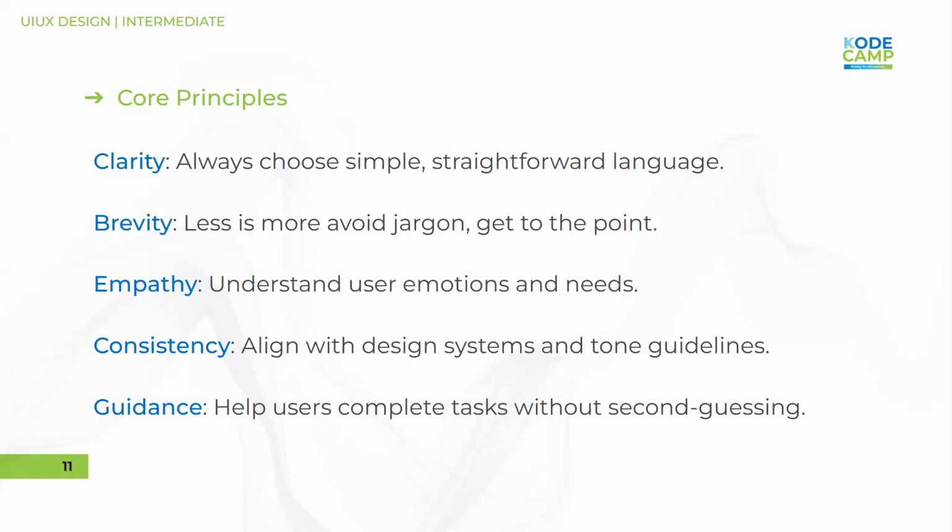Okay, get to the point. Empathy: understand user emotions and needs. When writing, think of a user while scrolling through. How is the user feeling? All right, there has to be consistency: align with design systems and tone guidance, all right? And also help users complete tasks without second-guessing. That's where the guidance comes in.